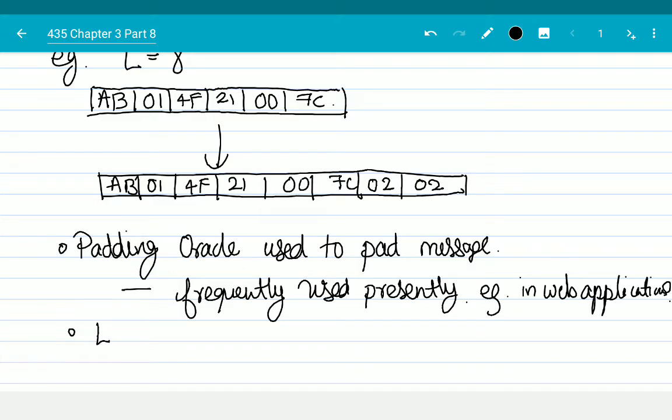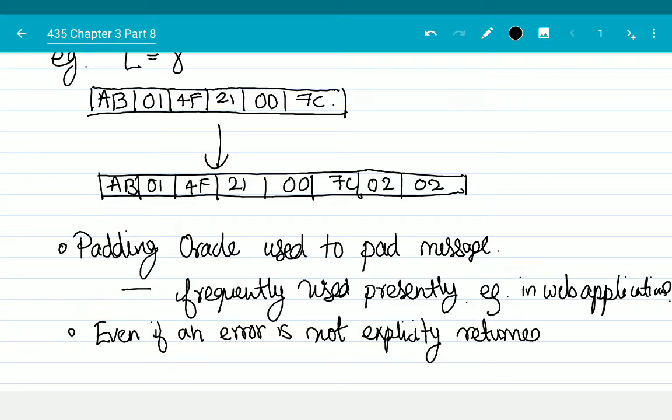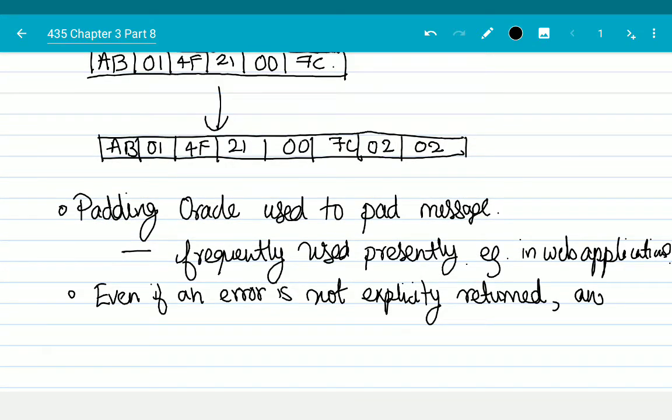So even if an error is not explicitly returned, if you change the last bit of a message, technically you would get an error, right? Even if you don't return an error, the attacker might be able to figure out something is wrong.